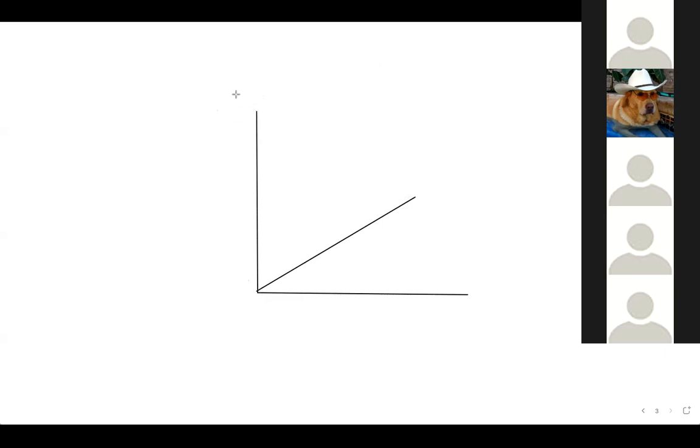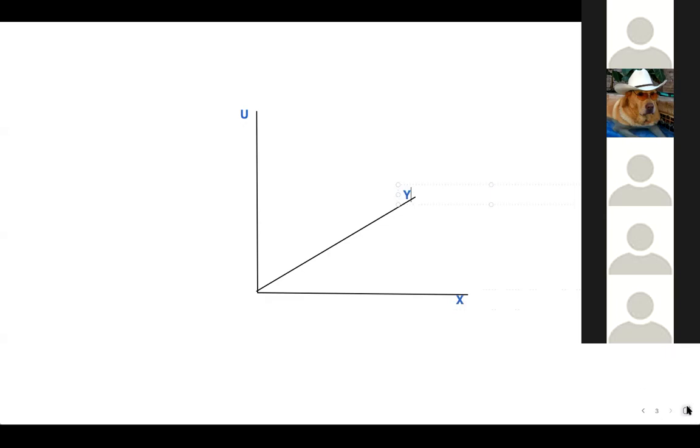And so we're graphing utility on the z-axis, and then we have some quantity of two different goods that we purchase, x and y.